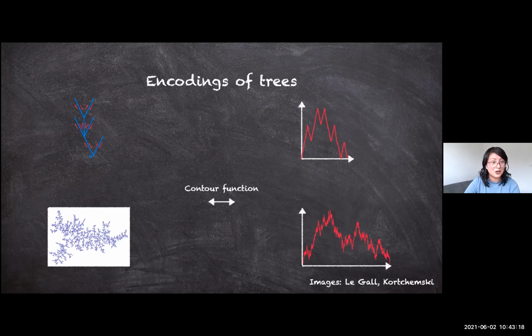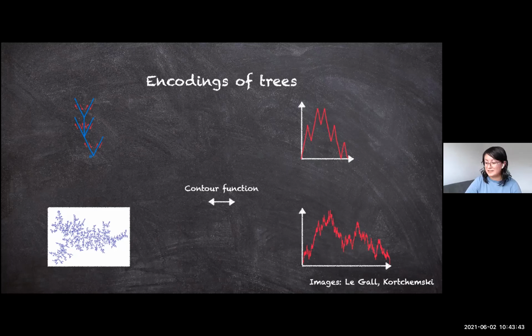This gives us this contour function, the function on the right. We can do the same for the continuous versions of the tree. It is also very well known that the Brownian continuum random tree is encoded by this Brownian excursion.